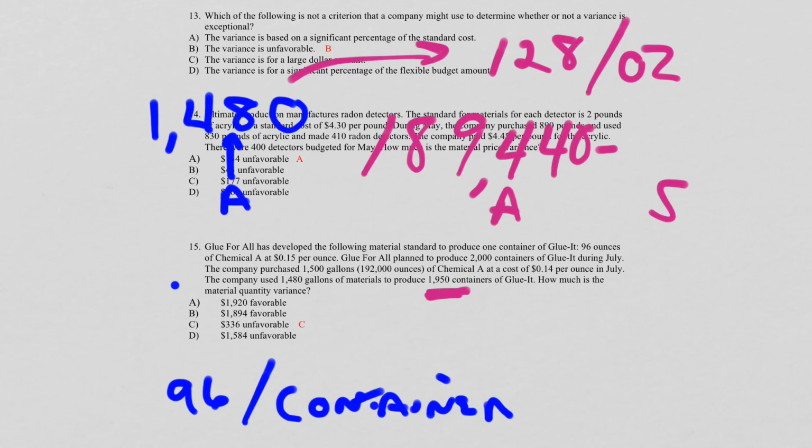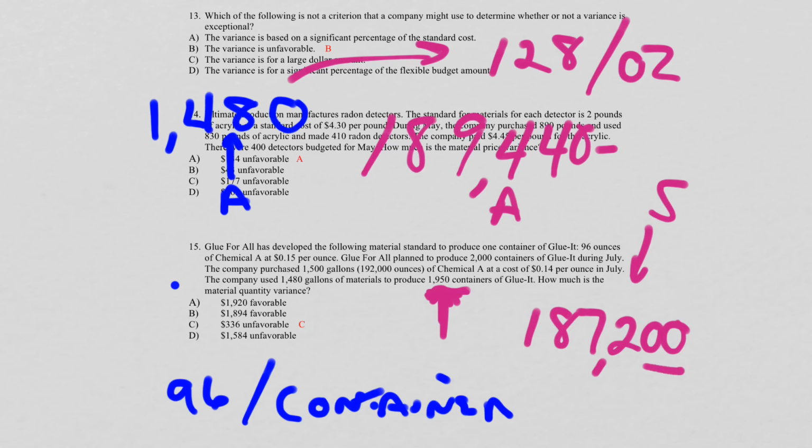That is how many ounces they were scheduled to use, 187,200. At the standard 96 ounces per container, we would have expected them to use 187,200 ounces. And now we see already that the actual was higher than the standard.